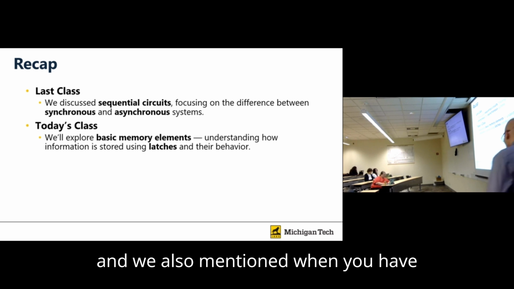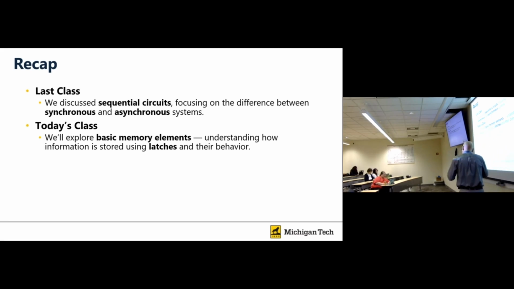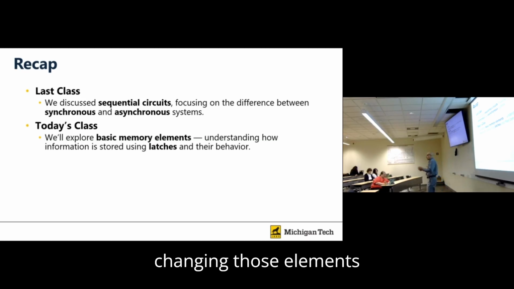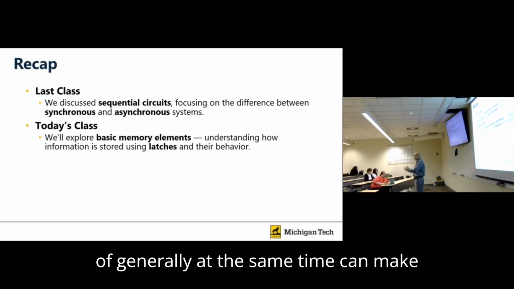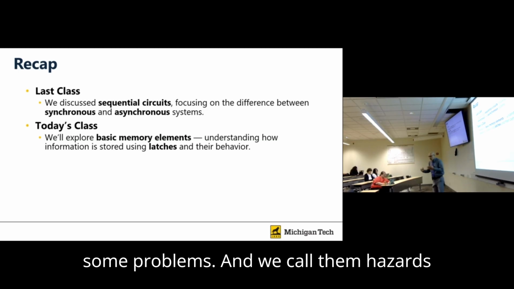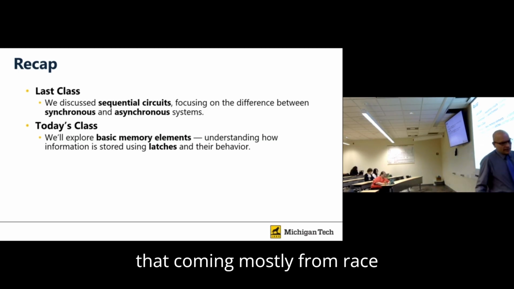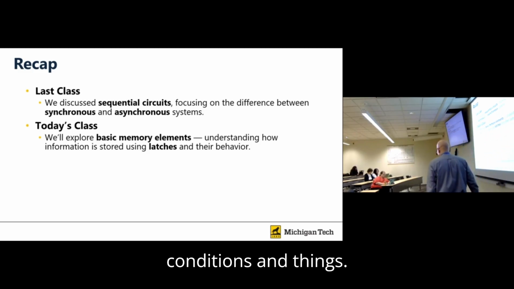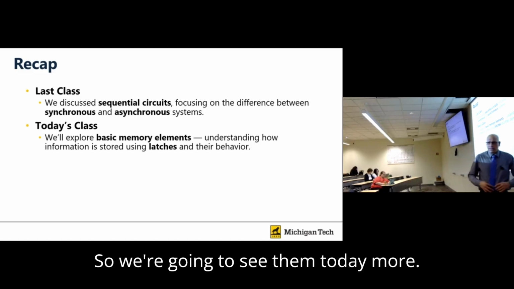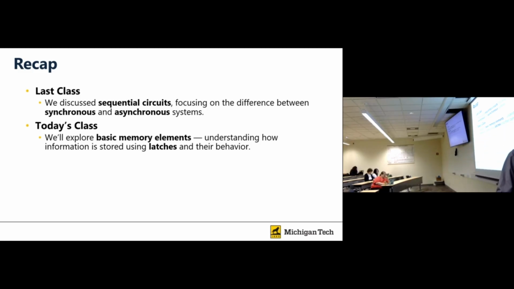And we also mentioned that when you have memory, sometimes changing those memory elements at the same time can make problems. We call them hazards, coming mostly from race conditions. We're going to see them more today.